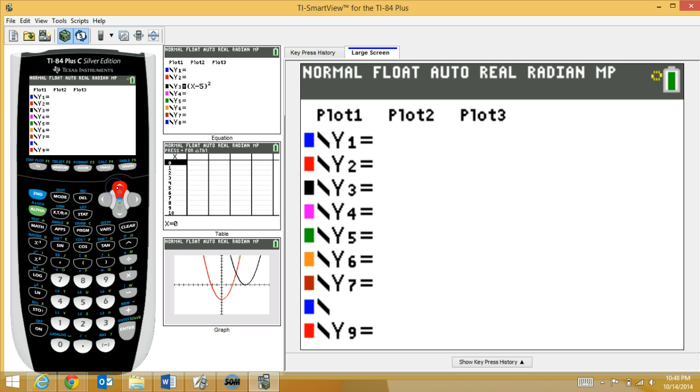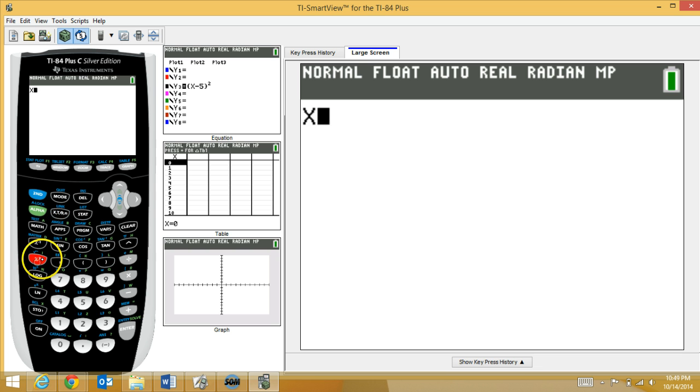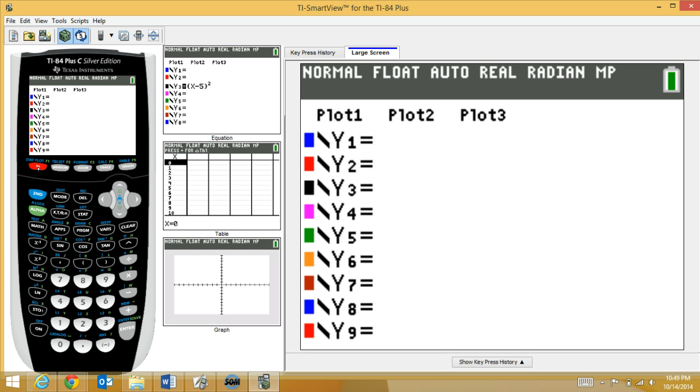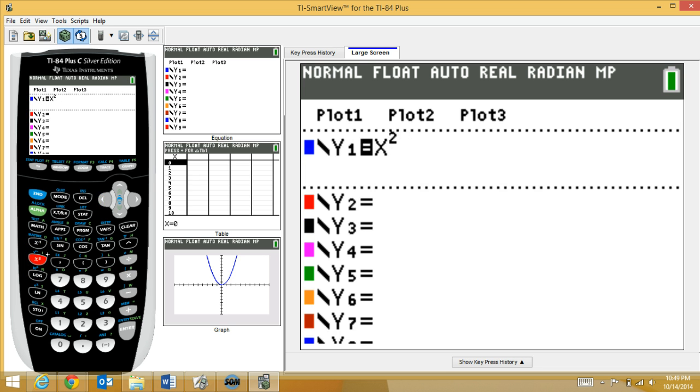And in y sub 1, we're going to just enter the left side, which was x squared minus 5x plus 6.